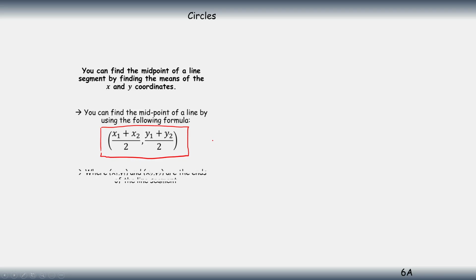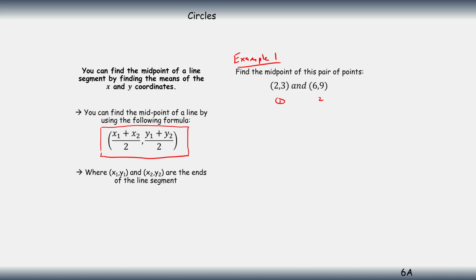If we look at an example, so call this example 1. Find the midpoint of these pair of points. If this is point 1 and this is point 2, then our midpoint is given by the formula x1 plus x2 over 2 and y1 plus y2 over 2.